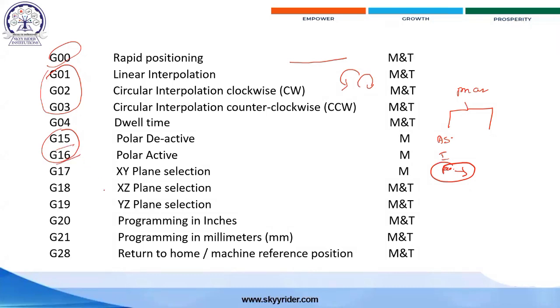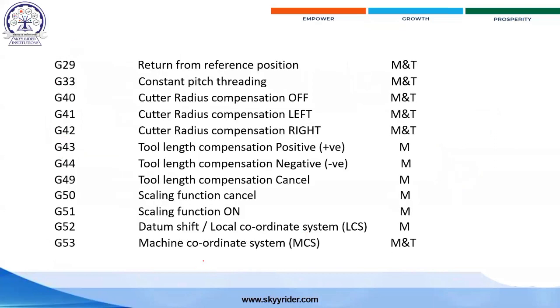Then we use G21 because all the parameters we give will be in millimeters. Then G28: the machine will return back to its home, where the machine coordinate system is 0, 0, 0.